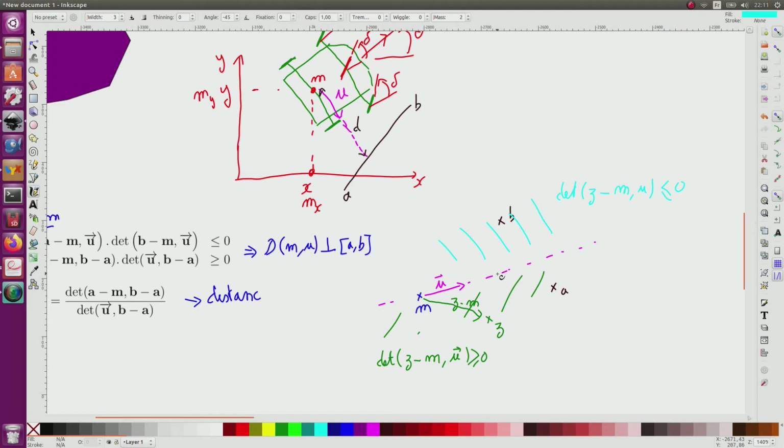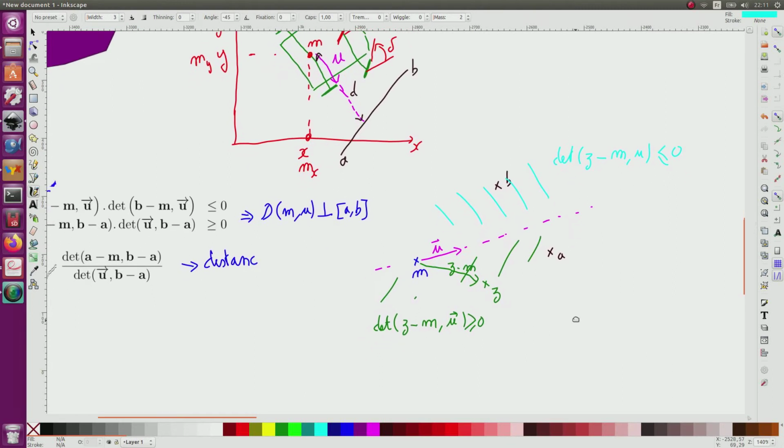So here I use the determinant, and I need some explanation.